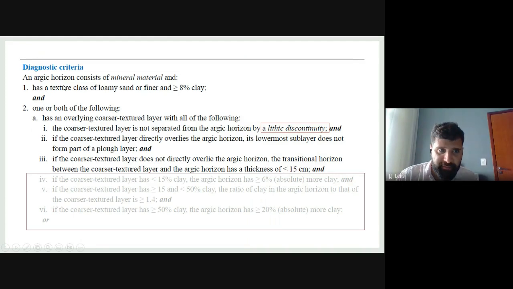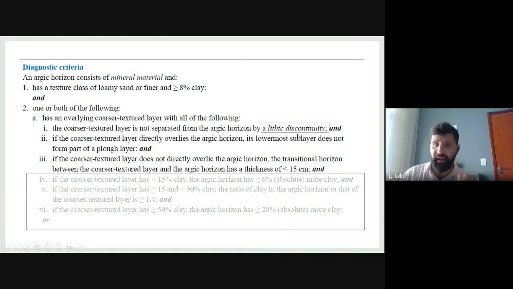Beyond this information, you should present a variation of texture in comparison between the overlying coarser texture and the argic horizon. The coarser texture layer shouldn't be separated from the argic horizon by a lithic discontinuity.